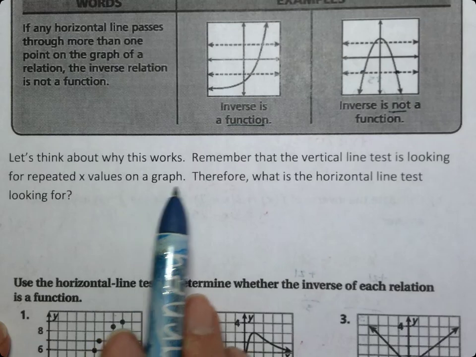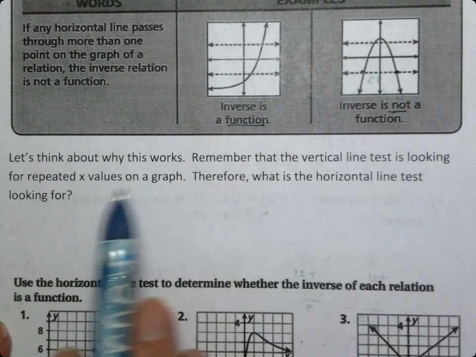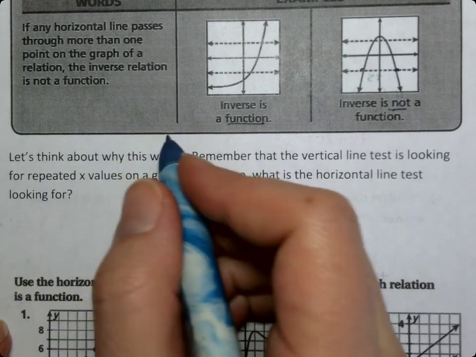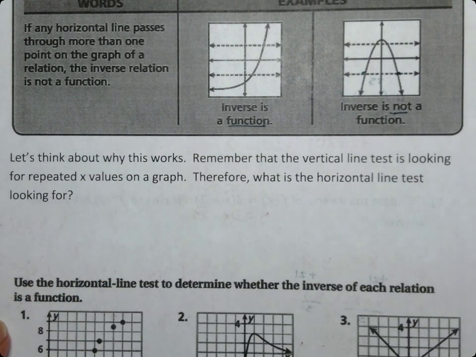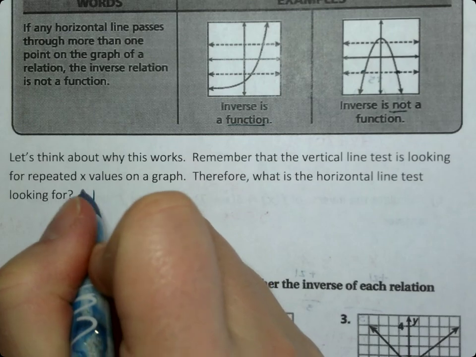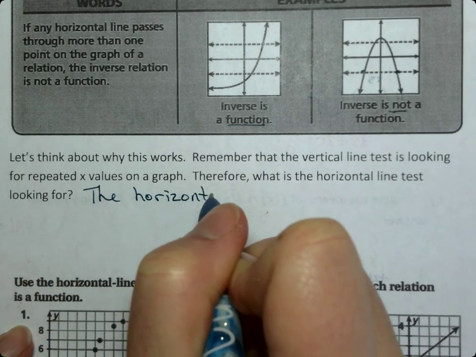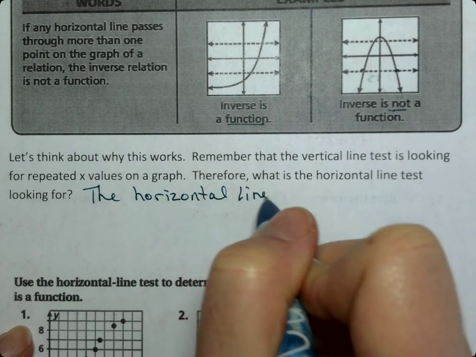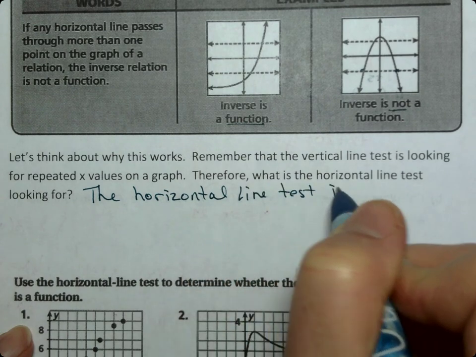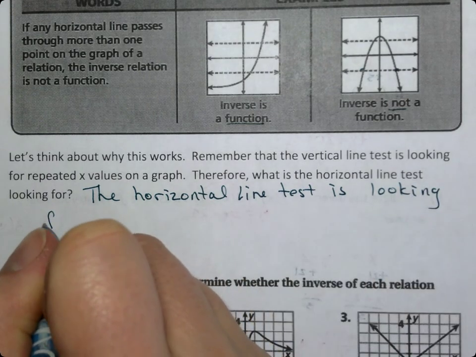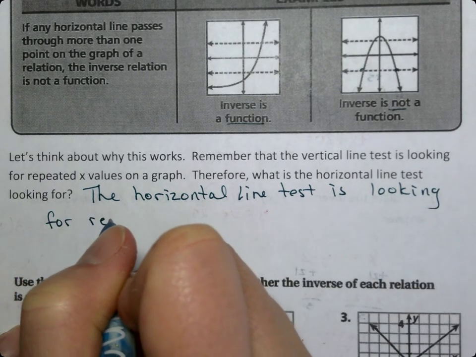All right, so why does that work? The vertical line test is testing for x values that repeat. The horizontal line test is testing for what? Y values that repeat. The horizontal line test is looking for repeated y values.